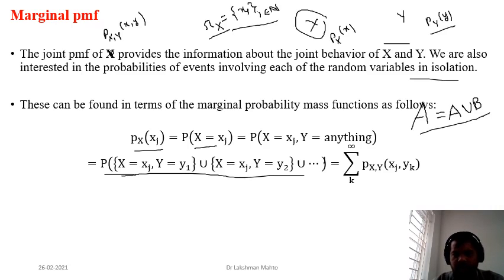And if you focus on this, it is nothing but the joint probability mass function for X and Y, where the random variable X takes value x_j and the random variable Y takes value y_1.